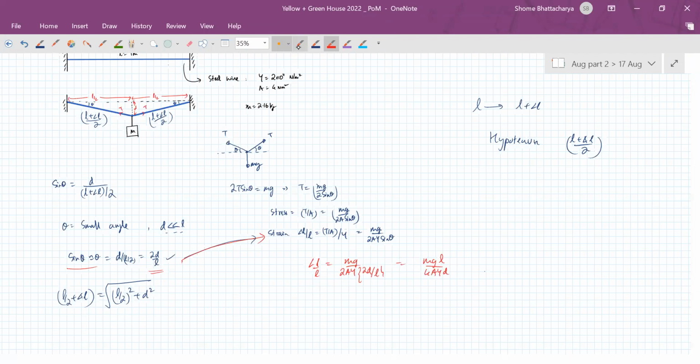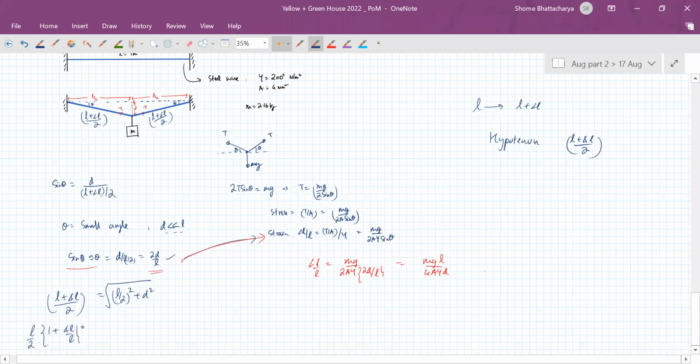Now comes the binomial approximation part. L plus delta L whole divided by 2, that hypotenuse is this much. So I can take L by 2 common. This will become 1 plus delta L by L. And from here also I can take L by 2 common. So this will become 1 plus 2d by L whole square, to the power half.